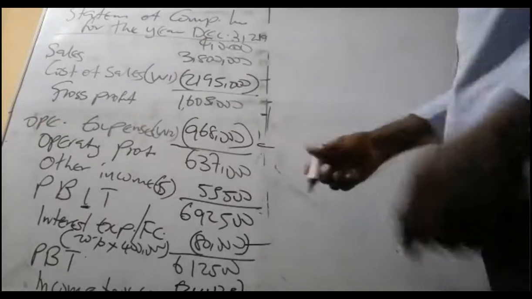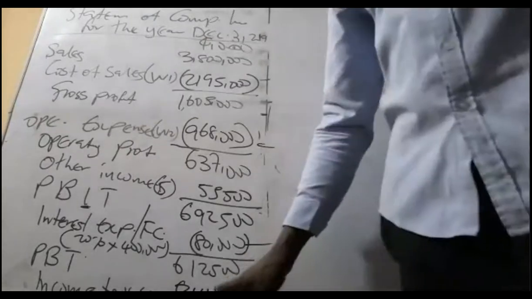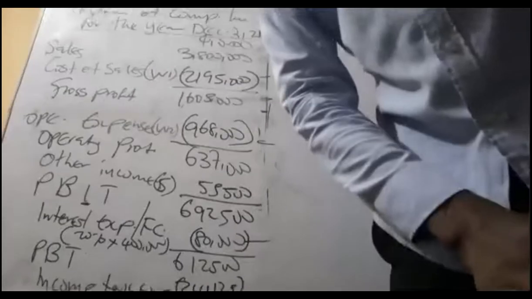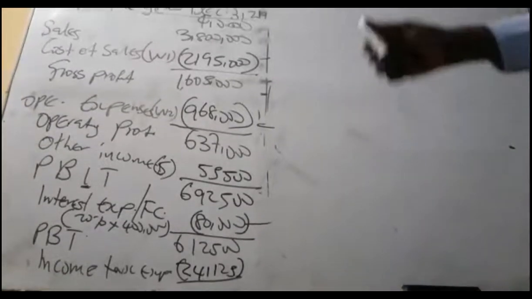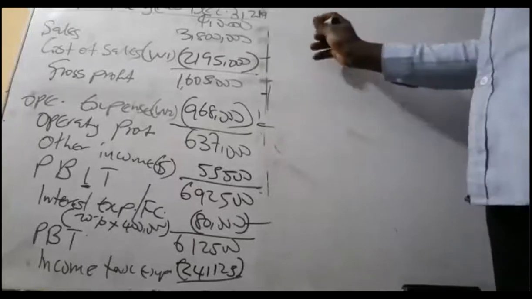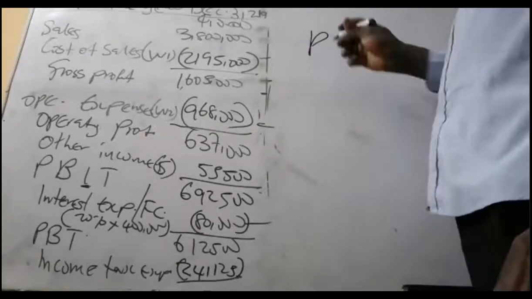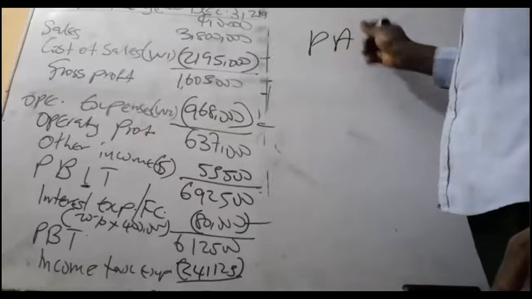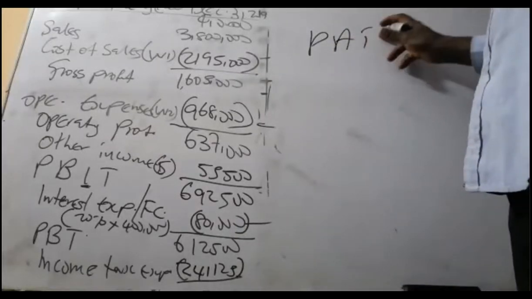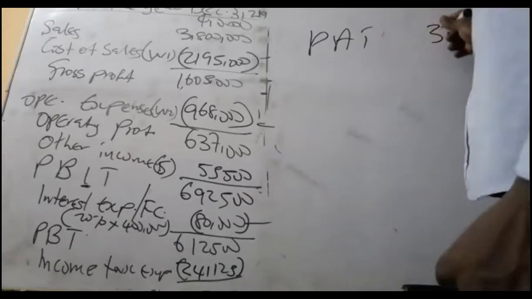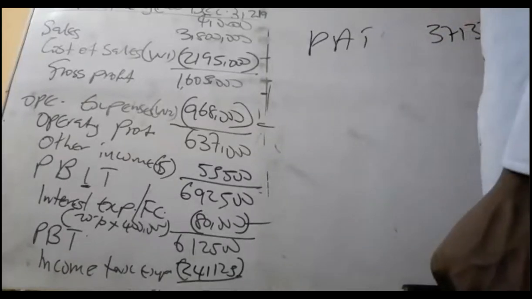So what's the profit after tax? I'm continuing it here. There's no space here. Let's go down more so that you can see. So I can continue from here. So profit after tax, the figure. Profit after tax will be 371,375. Agreed.